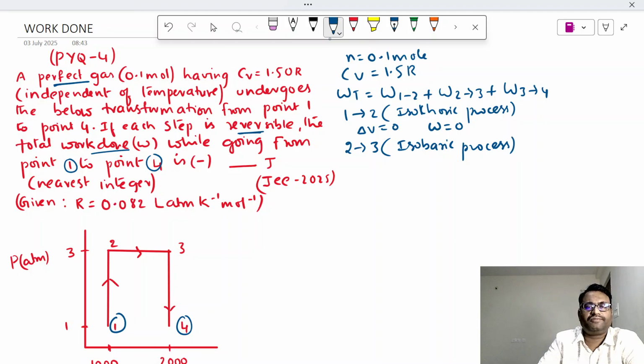For the isobaric process, work done is given by minus P external into V final minus V initial.